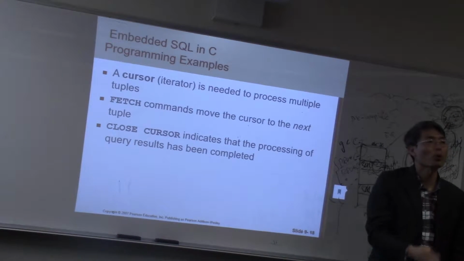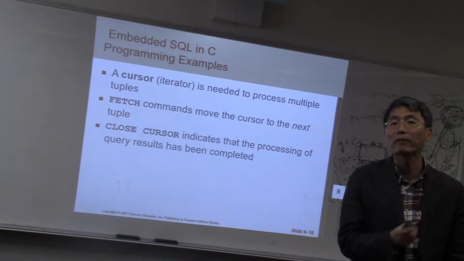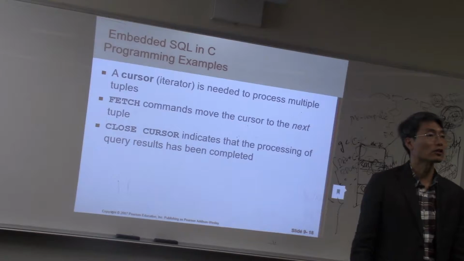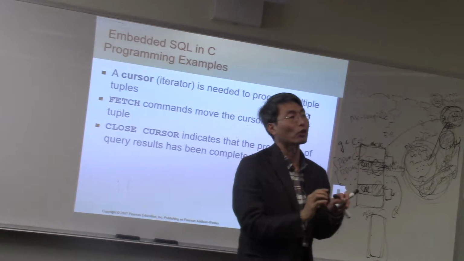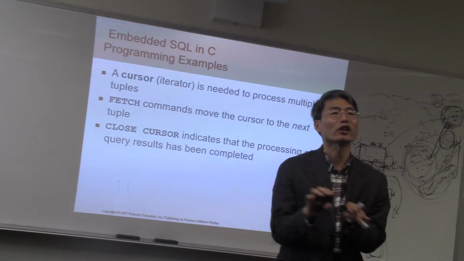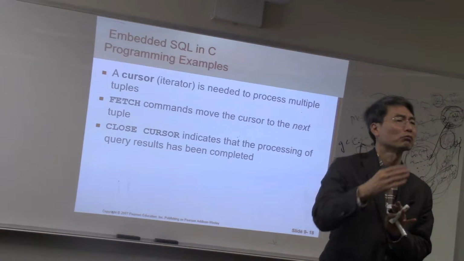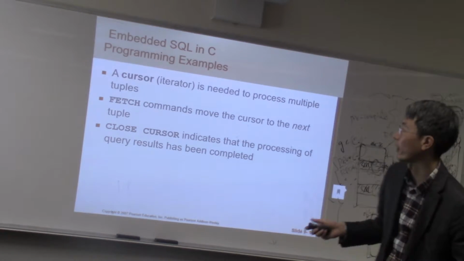Any DBMS system should have such a memory area for the cursor. This is even one of the factors the database administrator configures: how many cursors, how many temporary spaces we need. The more the better, but you will consume a lot of memory, so we need to optimize space.